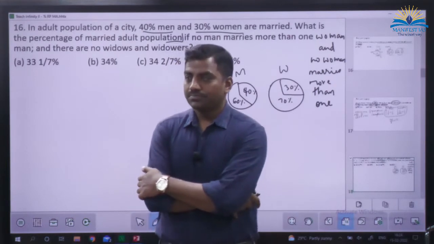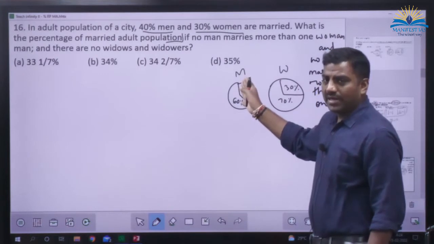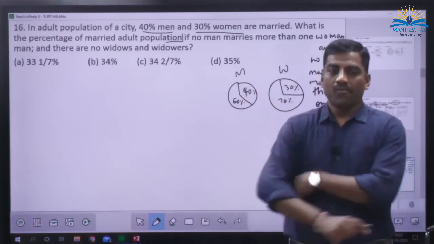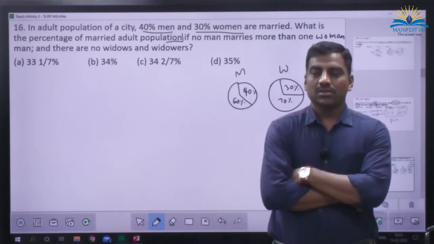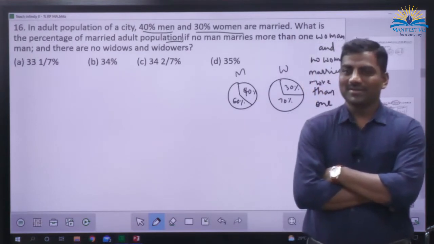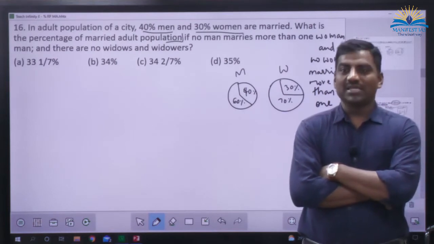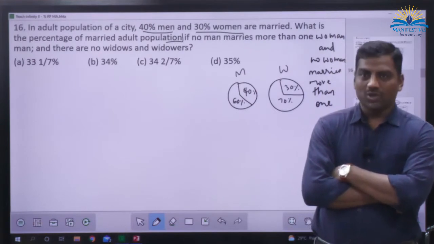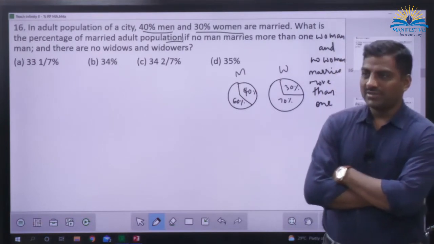All are married? They are given, no? Only 40% of the men are married and 30% of the women are married. That is how it is, no? See, if you don't seek this information, then this problem cannot be solved by any genius.